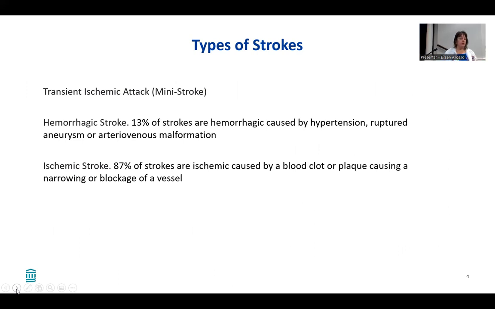Hemorrhagic strokes are caused primarily by hypertension, and a lot of times this causes rupture in an aneurysm or some kind of malformation in the vessels in the brain. Ischemic strokes are usually attributed to people having a lot of risk factors, and we'll review the risk factors further on in this presentation.